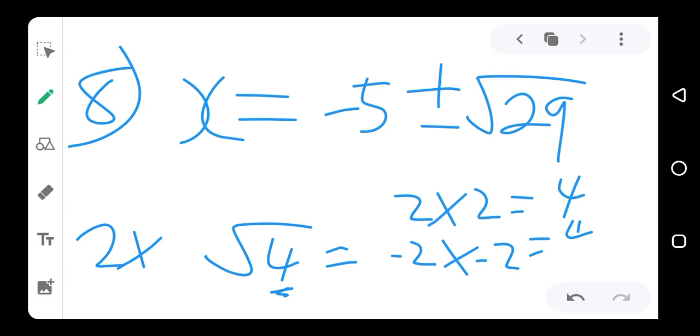It simply means that the square root of a value is plus that value or minus that value. So that is why we're writing it as plus or minus square root of 29.